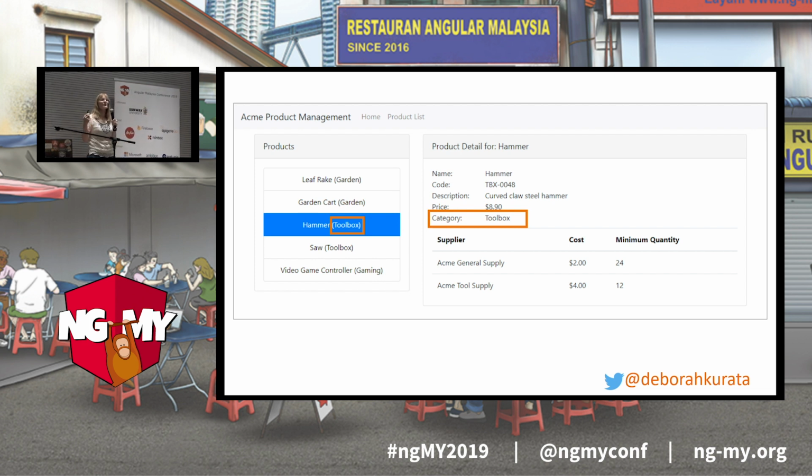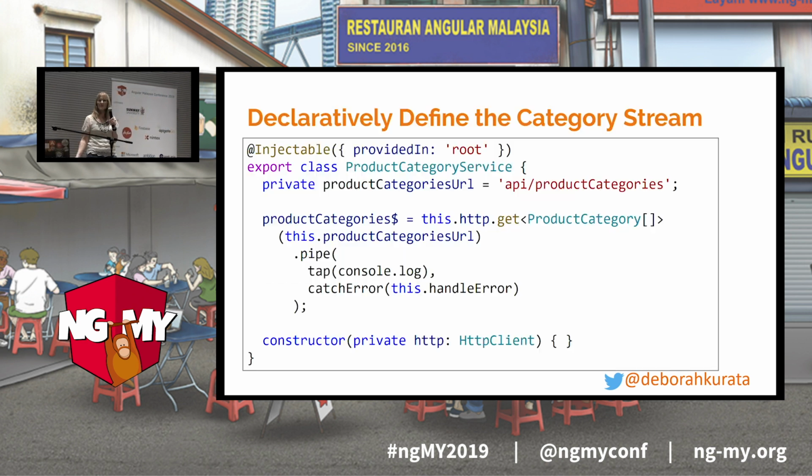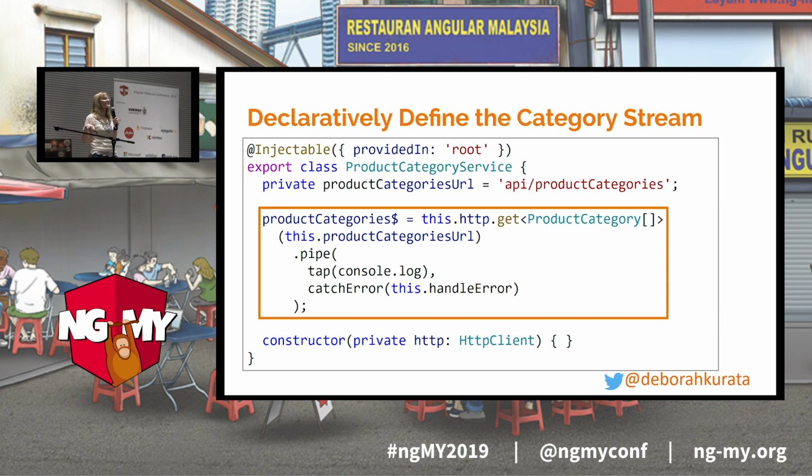Well, it turns out that we have another endpoint where we can get our lookup data. So we've got another endpoint that's going to give us our category IDs and our category names, so we can pull that down as well. And we would use code very similar to what we just looked at for our products$.